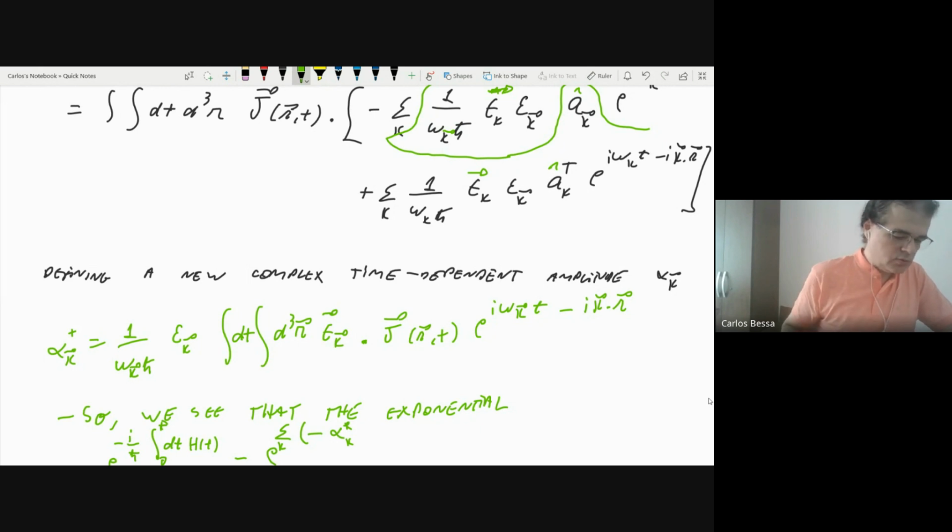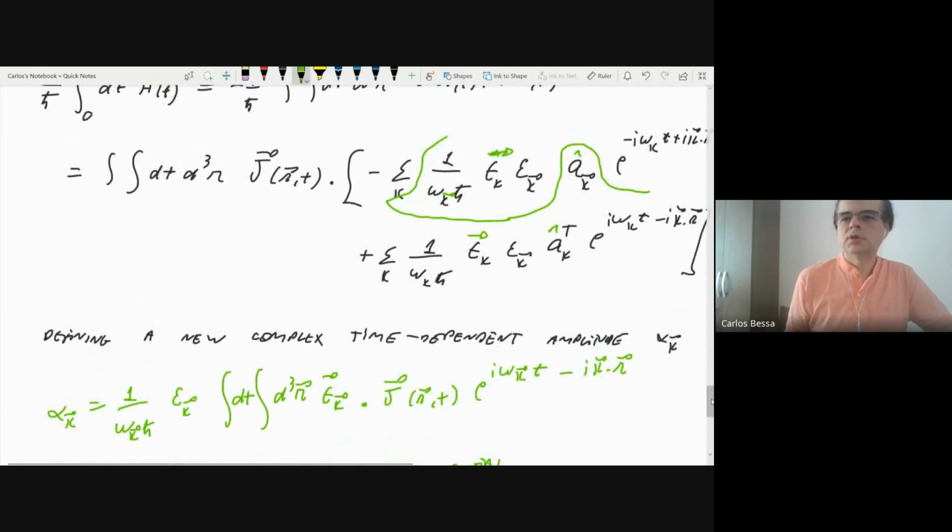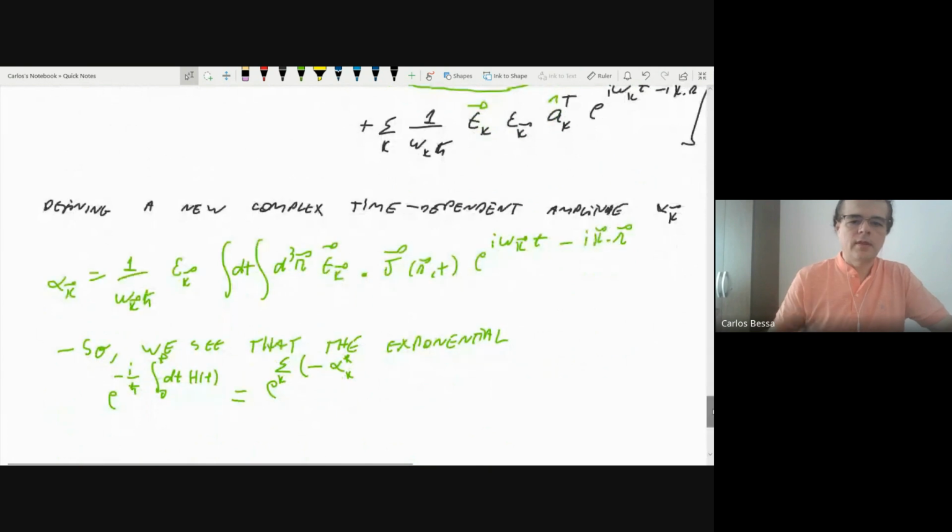Let's see, something is wrong. Yeah, because this is the definition of alpha k. This is positive, and this is negative. But alpha is defined in this way. So this first term is alpha star, alpha conjugate, the conjugate times a k.